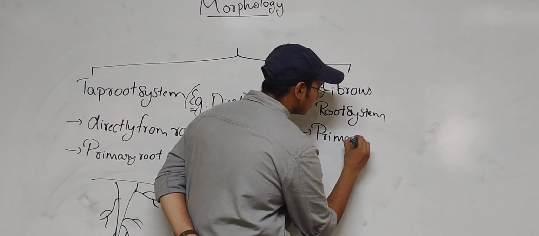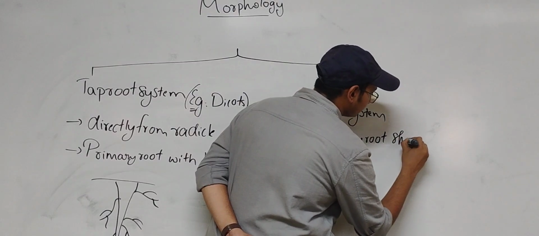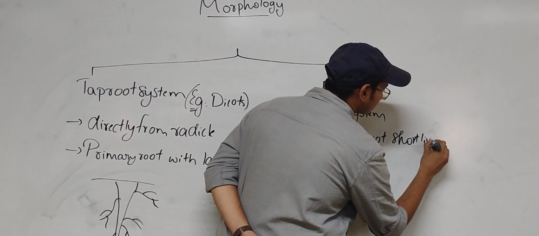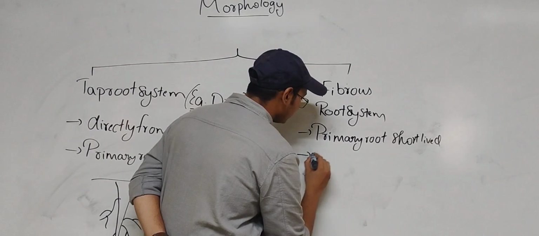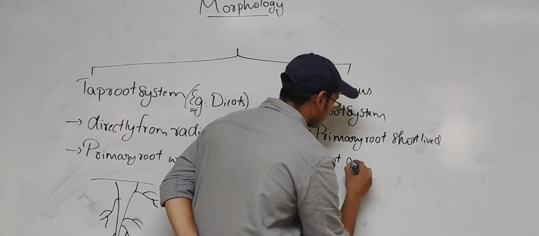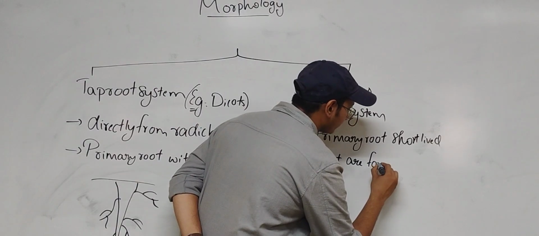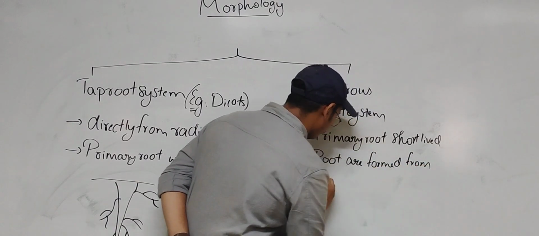And coming to fibrous roots, here the primary root is short-lived, and roots are formed from the base of a stem.